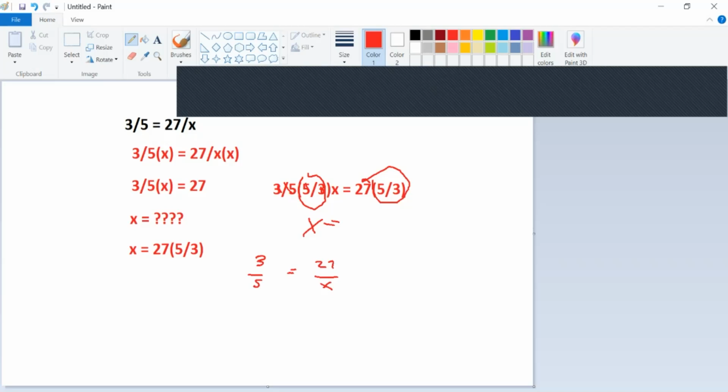Because that's what we're solving for. That's the only way we can do it. You can just cross multiply at this point: put x over here, the 3 over there, the 5 over there. That's what you're doing right here. I'm just showing mathematically how you do it, but it's important to understand.